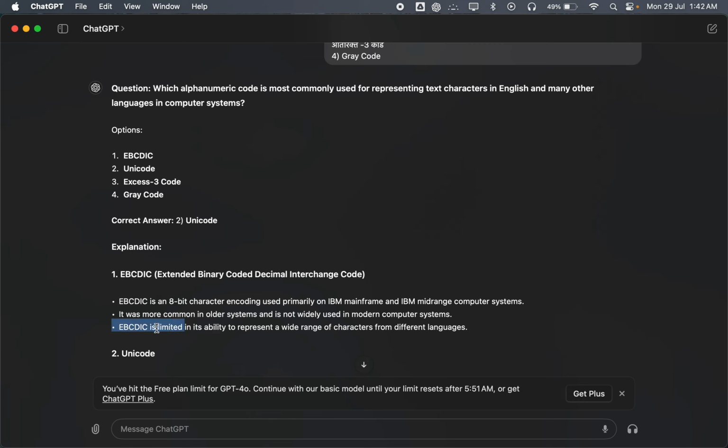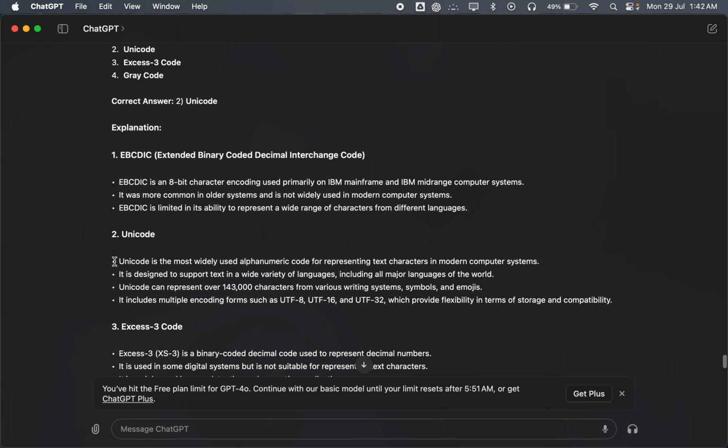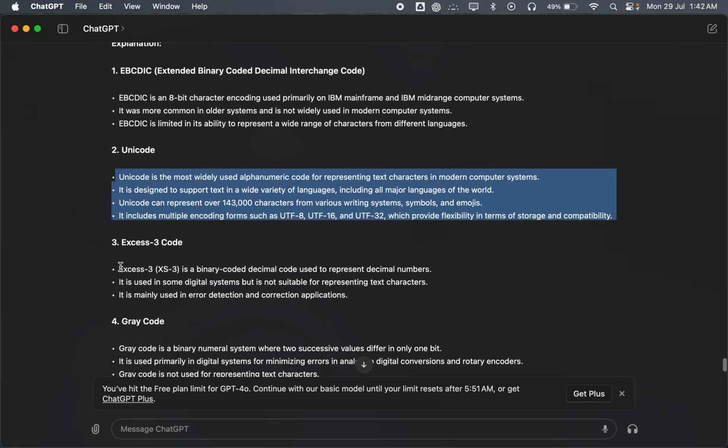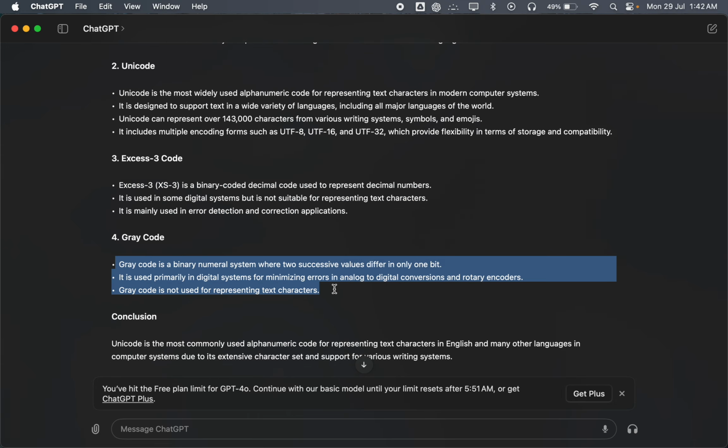But it still says EBCDIC is limited, and it is now not used in modern computers. Unicode is something which is used in all computers, and you can use that. ASCII is also not the right answer. Gray code, as we saw earlier, is just numbers getting converted into some binary form again.